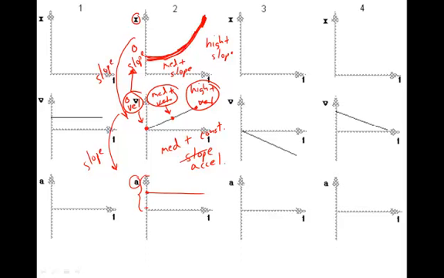Okay, let's look at number 4. Number 4 has a velocity time graph, and to go from velocity to acceleration, once again we want the slopes.